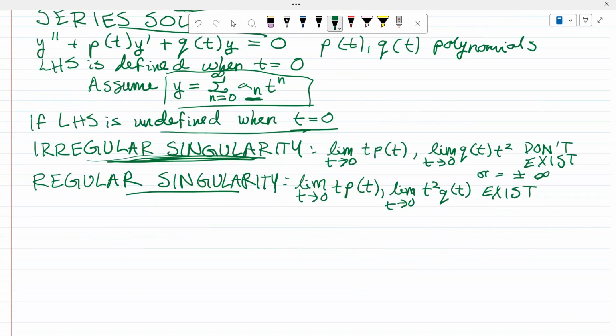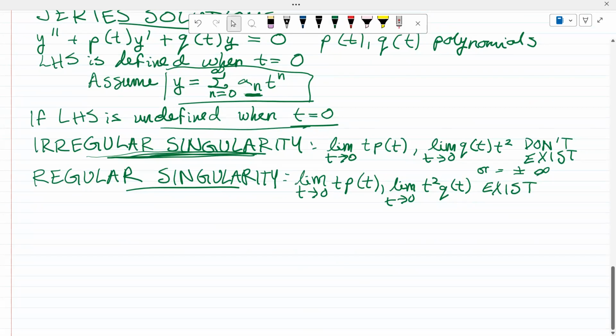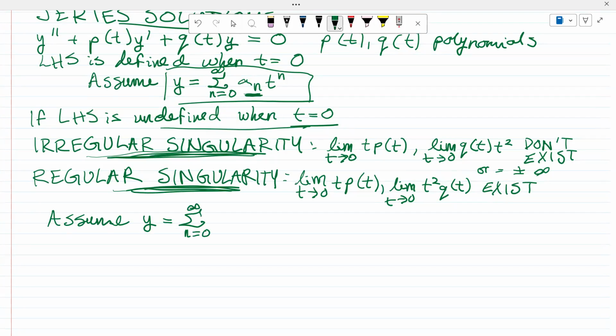In this case, then we're able to do a Taylor approximation, but we need to edit it a little bit so that we make sure to account for the singularity here. So we assume y is equal to the series starting at 0 to infinity of a n t to the r plus n. And again, we have to solve some initial equation to get what that r is.